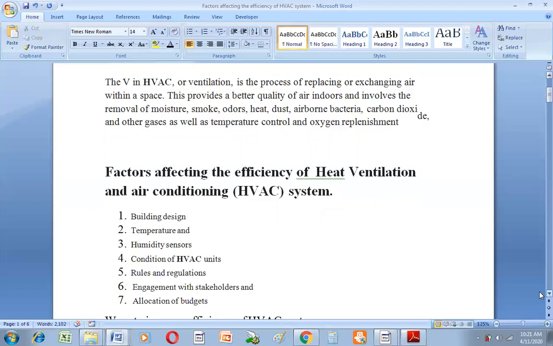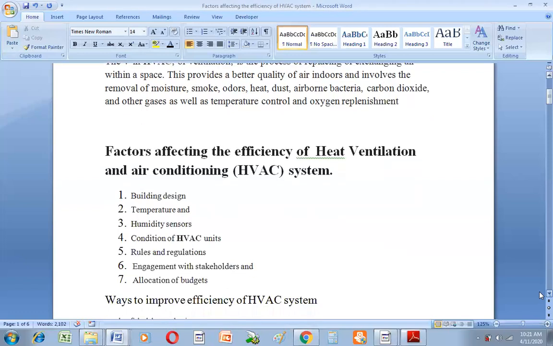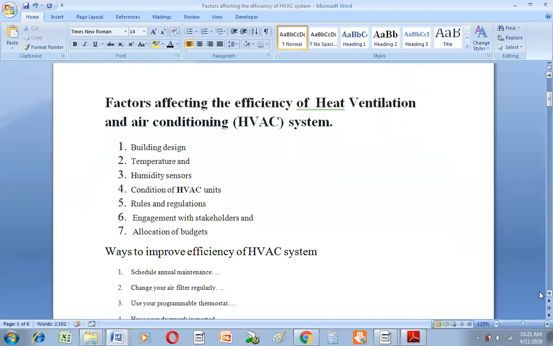Then engagement with stakeholders, the people who are using the HVAC system, how they are using it and for how much time. Then allocation of budget. Budget means the budget for maintenance of the system. This is also very important. We have to maintain the system frequently so that the efficiency of the HVAC system will improve.